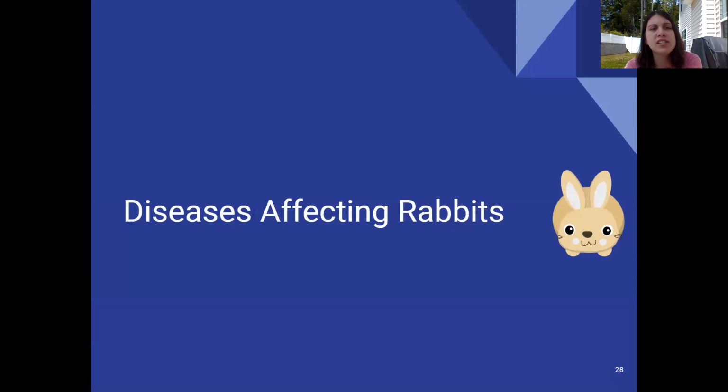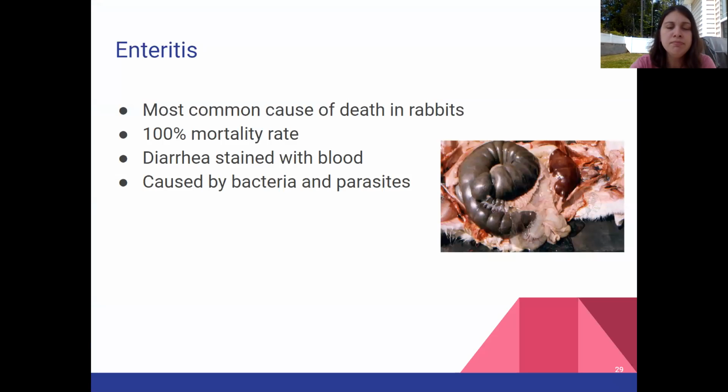So we're going to go through a few diseases, not a ton. The first one is a pretty common cause for rabbits to die. It's called enteritis. If you remember our vocabulary unit with medical terms, enter with an E means intestines, and itis means inflammation. So it's literally the intestines being inflamed.